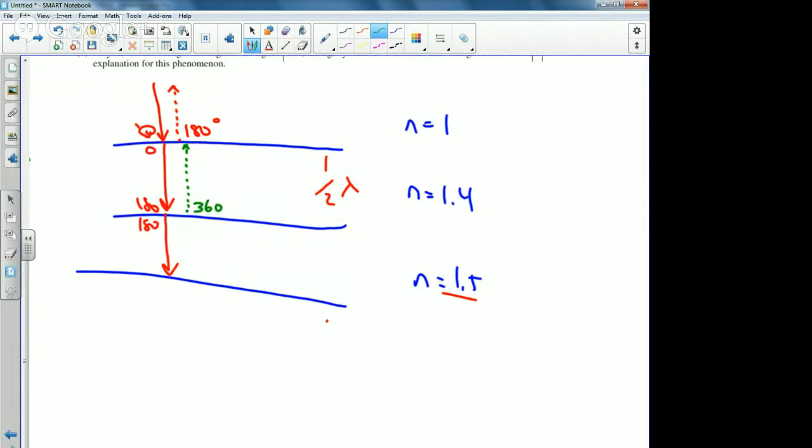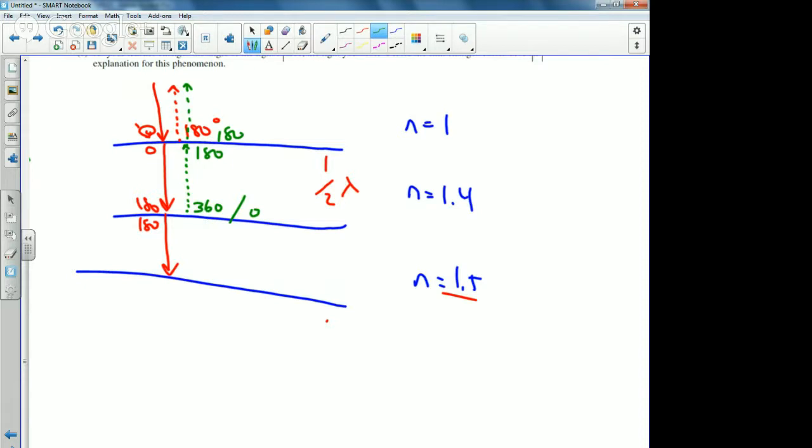And 360, of course, is one whole wave. So if I say 360, you guys understand that's the same thing as 0 degrees? Now if it's traveled another half wavelength, it's reached the other side back at 180. So when it comes out, it's 180. They're both at 180 degrees.